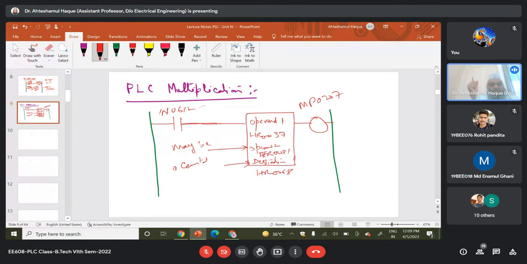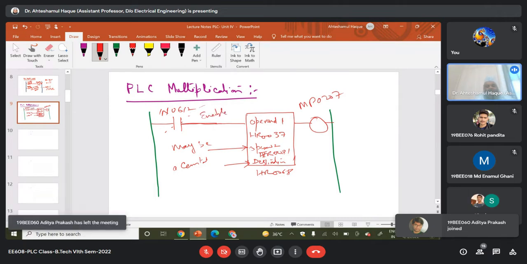I can put a constant value instead of putting the value in a register, and that will get multiplied. When the function is enabled, enable means this contactor will close. The moment it gets closed, the multiplying action will be enabled, and the multiplication will get started. Okay.